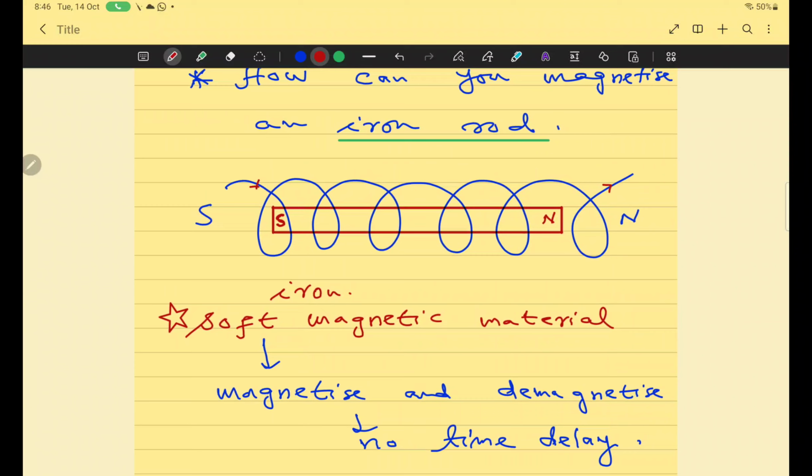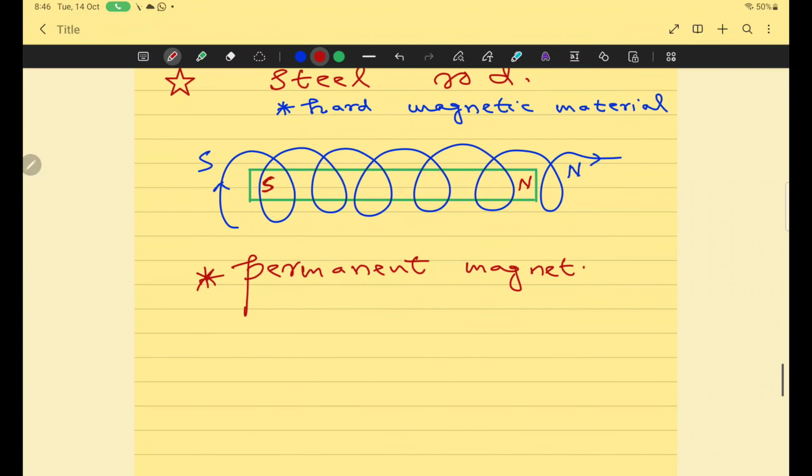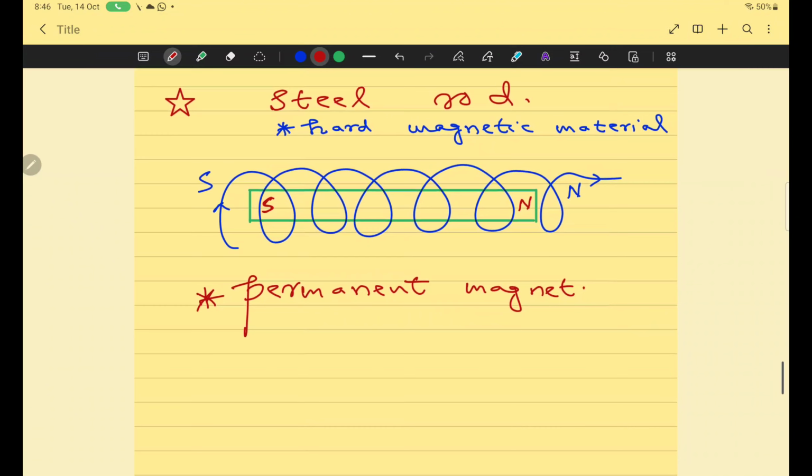It magnetizes and demagnetizes very quickly. There is no time delay. It depends upon current. If there is current, then it is magnetized. No current, demagnetized. But a steel rod takes time to magnetize, and when it is magnetized, it becomes a permanent magnet.